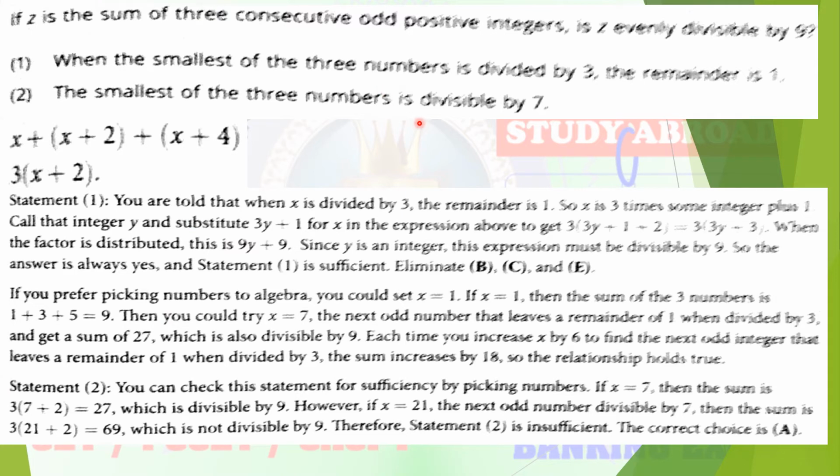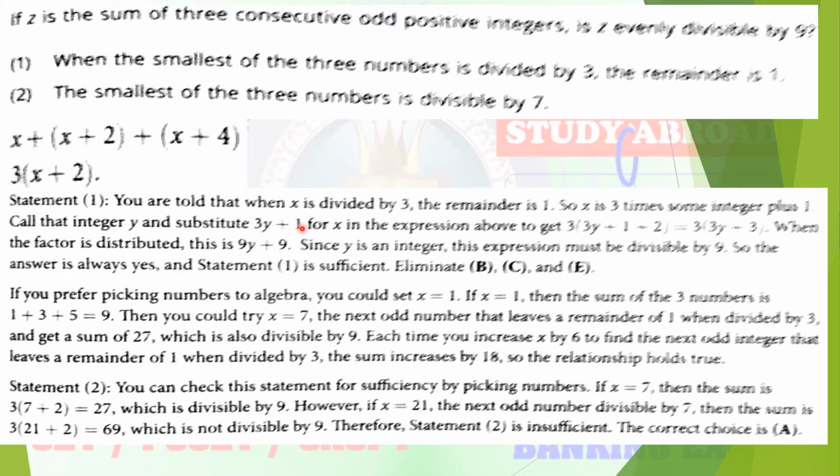Next, statement 1. What does it tell? The smallest of the three numbers, x, when divided by 3, the remainder is 1. So I will take y, a multiple of 3, that is 3y. After the multiple, the remainder is 1.